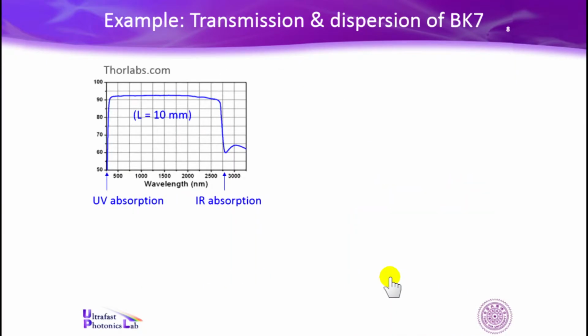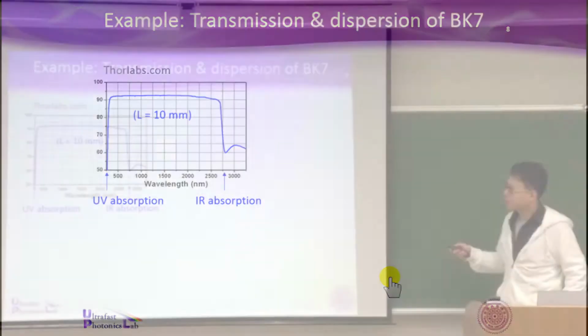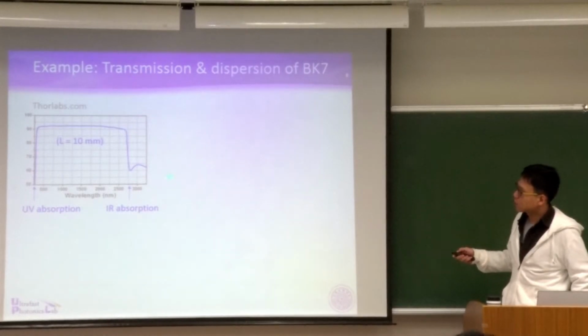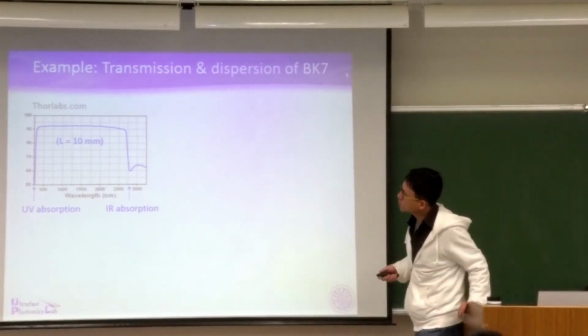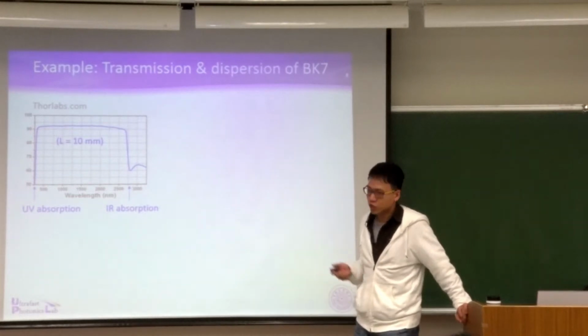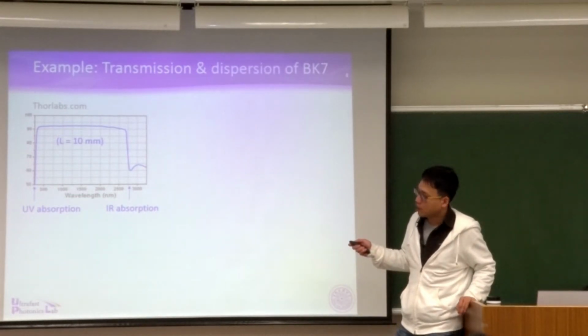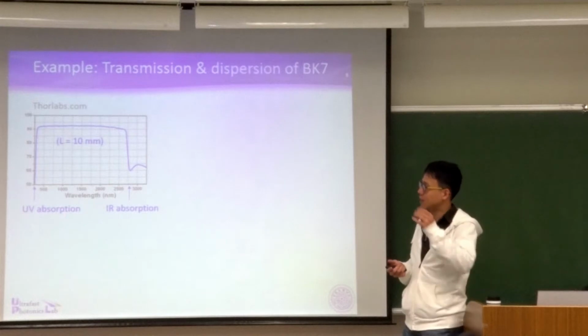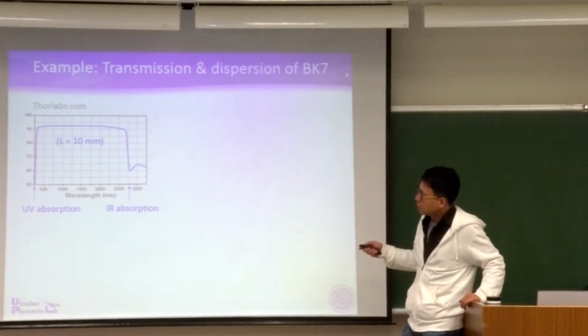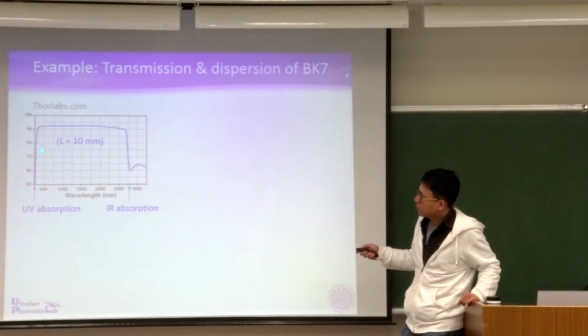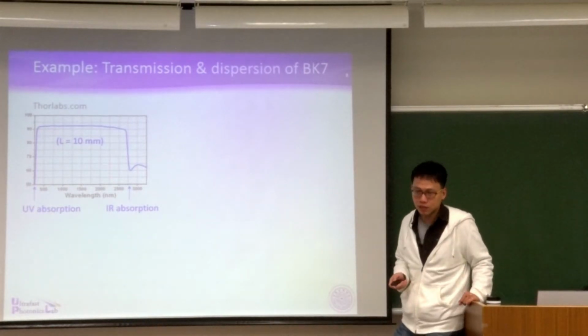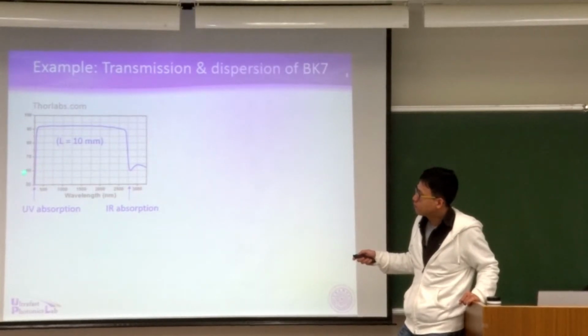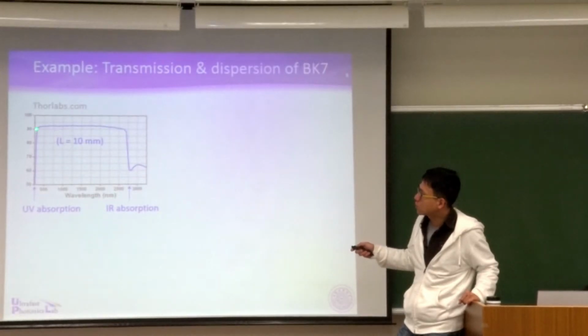Okay, another example. Transmission and dispersion of BK7 glass. So this is the absorption spectrum, the transmission spectrum I retrieved from the website of Solabs, a company selling optics. Okay? So you can see for a piece of BK7 glass of 10 mm thickness, the transmission spectrum is pretty flat and high over this region.